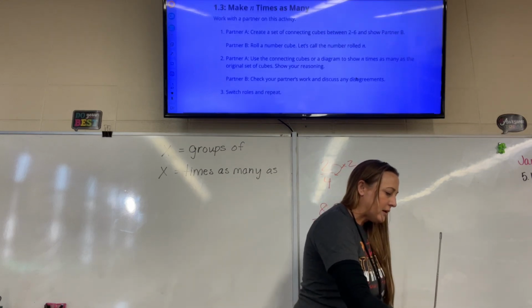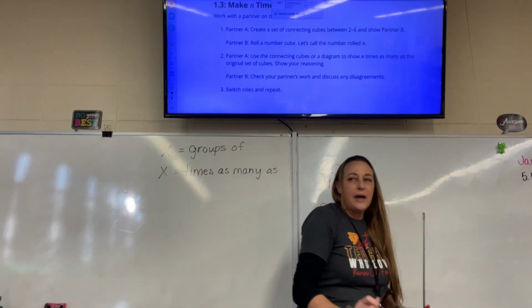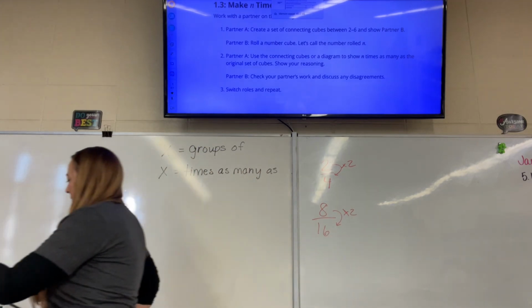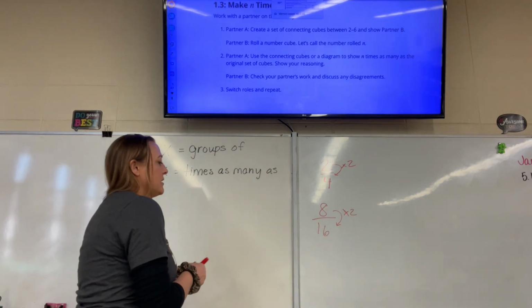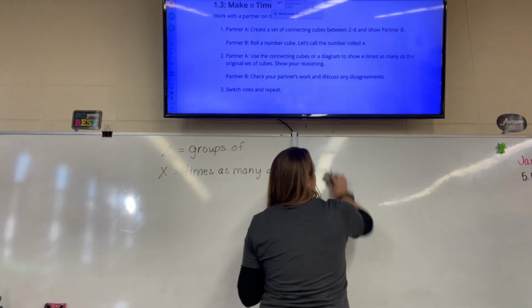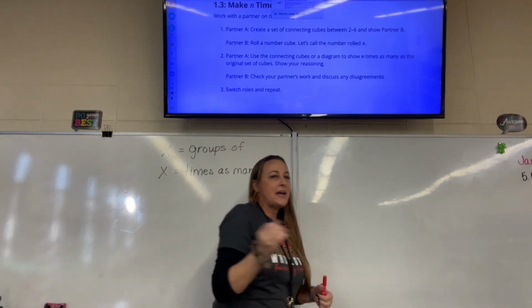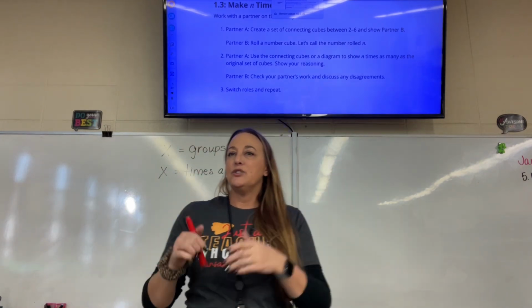All right, and then on our partner activity, I gave you a mat where you chose a number that was between 2 and 6, rolled a dice, and that dice roll told you how many times you needed to repeat that.